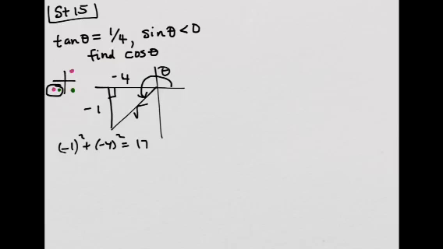So this is going to be radical 17, and cosine is x over r. So that's going to be negative 4 over radical 17. We rationalize it and get negative 4 radical 17 over 17 as your answer.